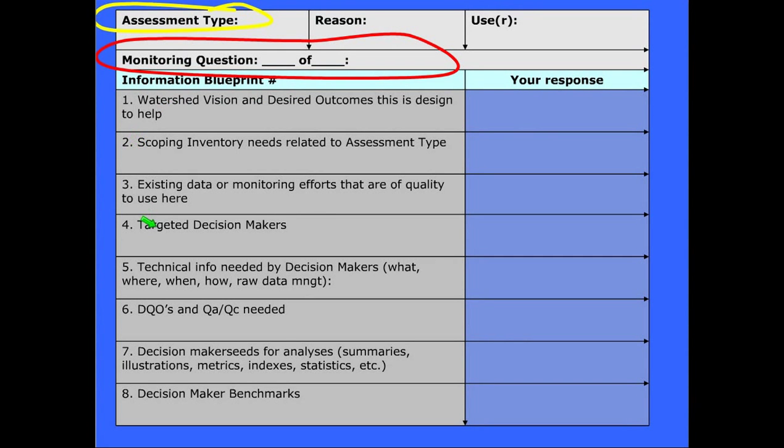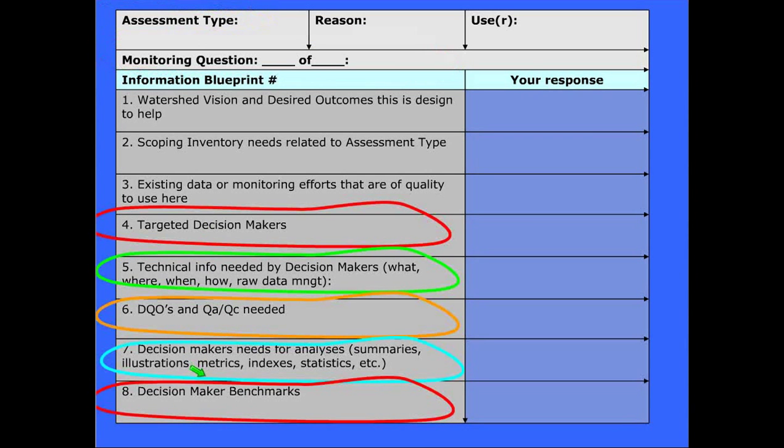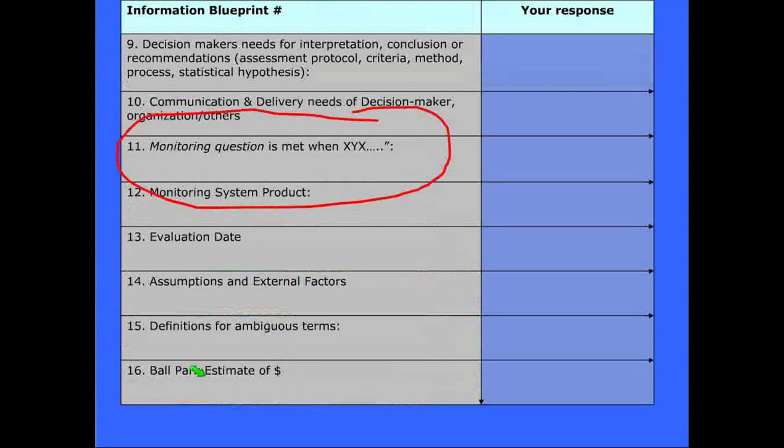Who am I targeting with this monitoring question? What information am I generating? What's the quality of the data I need to generate to satisfy these decision makers? How am I going to generate information? What are the benchmarks I'm going to use? Most people never do this. I hardly ever see this in any communication.